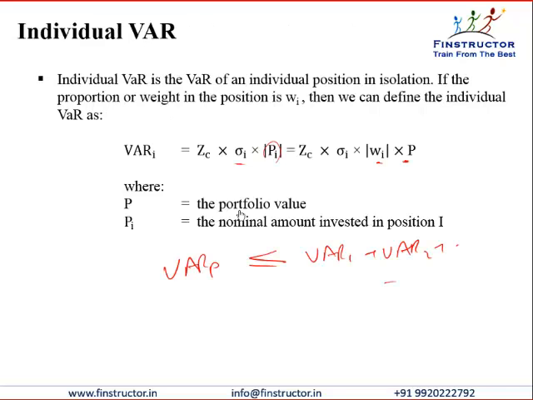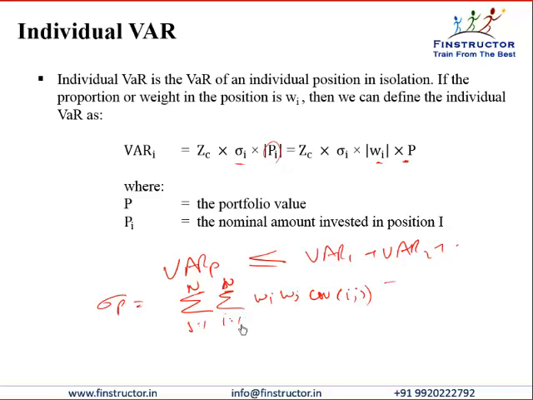Now please recall the standard deviation for an n asset portfolio can be given as the double summation, i equal to 1 to n, j equal to 1 to n, wi into wj into covariance of i comma j.